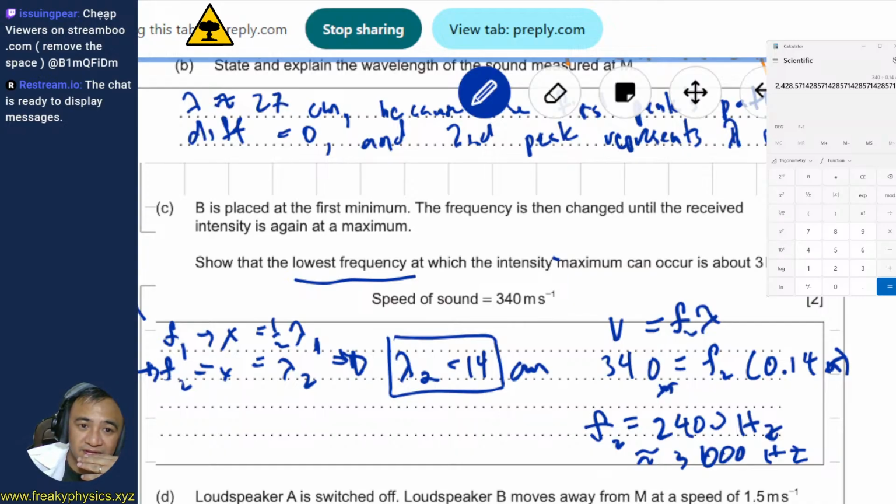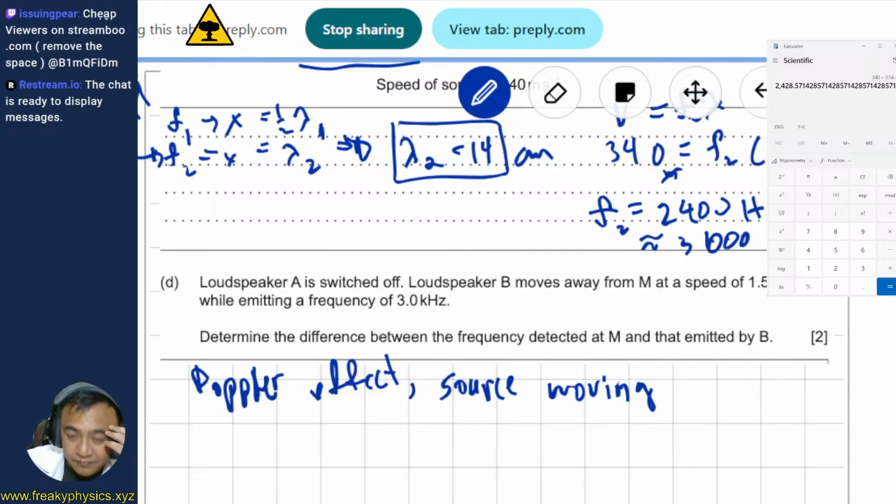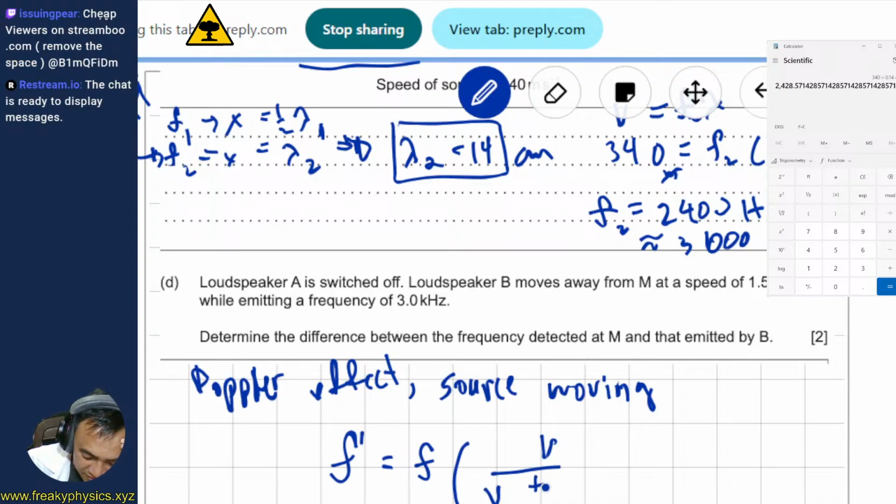C, Doppler effect. Since in the Doppler effect you do have the two formulas already given to you, you just use the relevant formula. In this case, the source is moving. F prime is equal to f v over v plus or minus u_s, right? Again, let's make sure that v here is the speed of sound, the speed of the wave, okay?